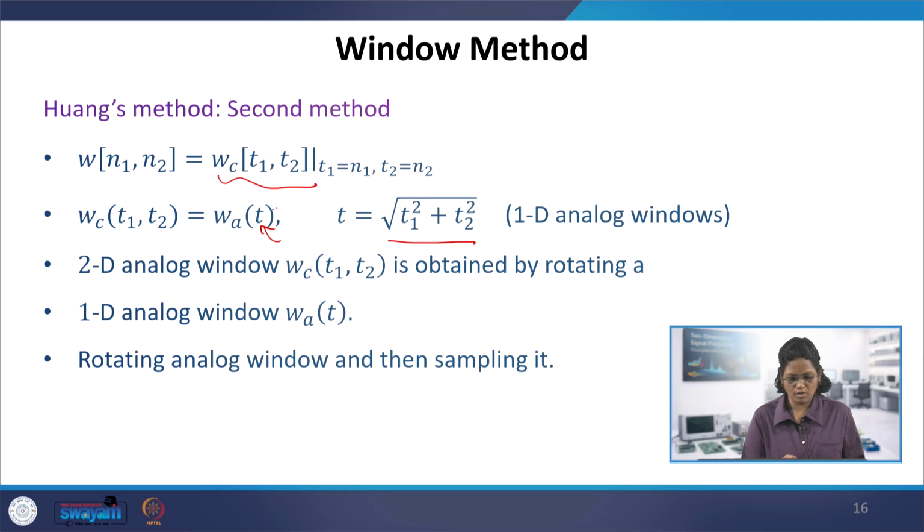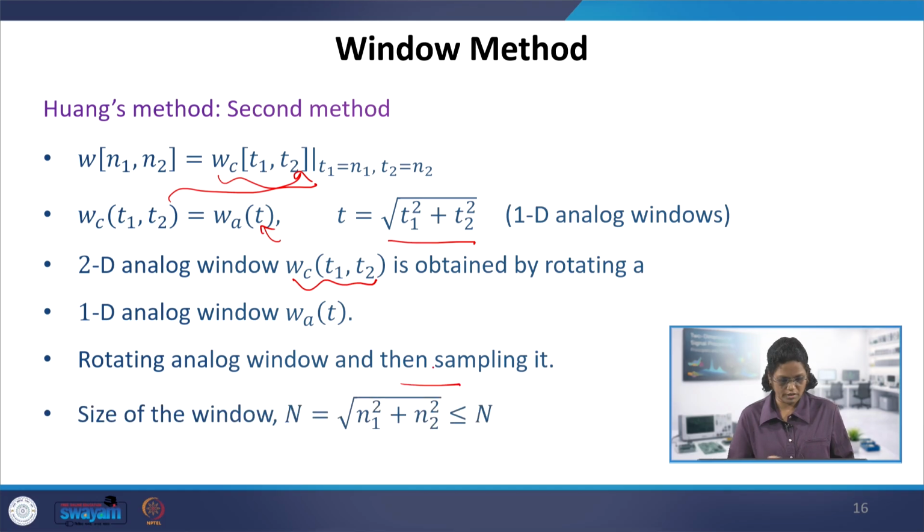This 1D analog window is rotated so that you get wc of t1 comma t2. After getting wc of t1 comma t2, take the sampled version so that the 2D window is obtained. So it's from the 1D window, the reverse way: the 1D analog window WA of t is rotated to get wc of t1 comma t2, that rotated analog window, and then sampled to get the 2D window.